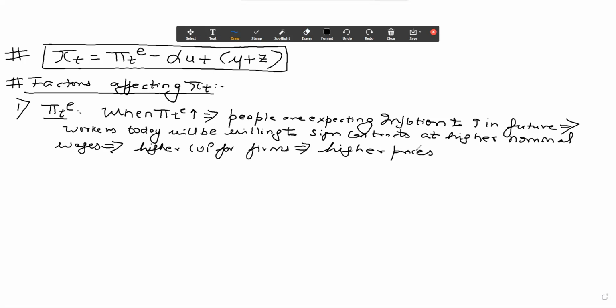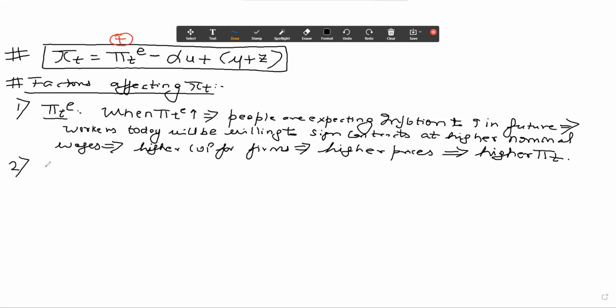And all we have just discussed is that higher prices would imply higher inflation. So I can say that pi t and pi t e share a positive relationship. I hope this is clear to all students.